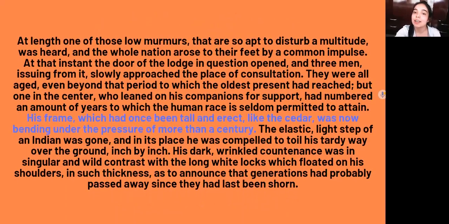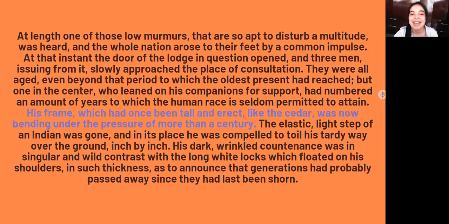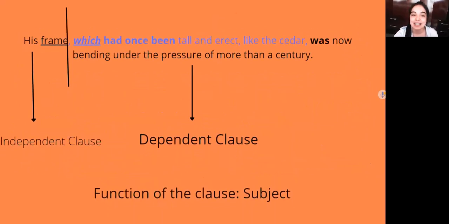Another paragraph, another sentence. Here we have our sentence. The sentence was very long, so I took part of it out, but you can understand that the independent clause is in black, and in another color we have our dependent clause. Again, we have to recognize our different subjects.